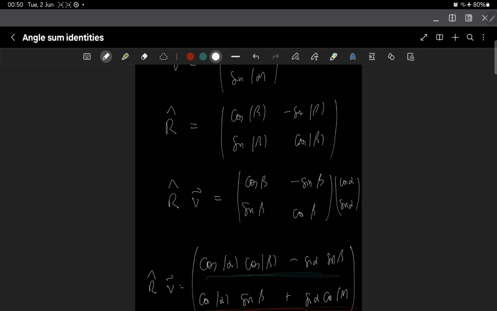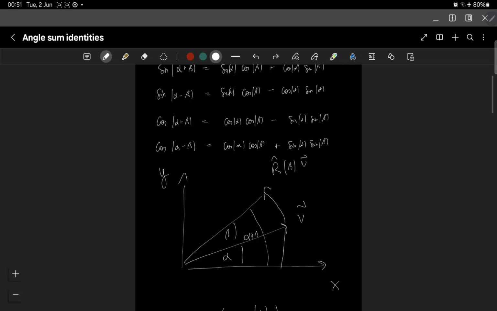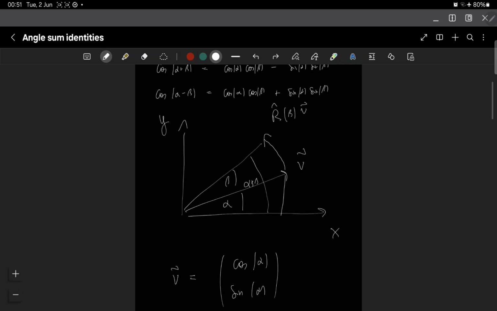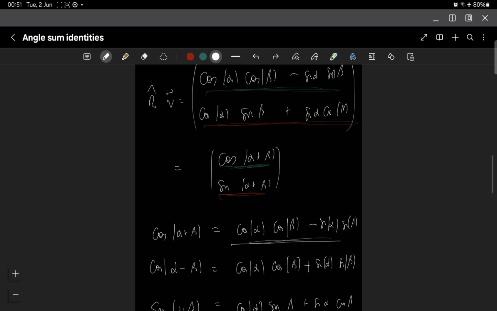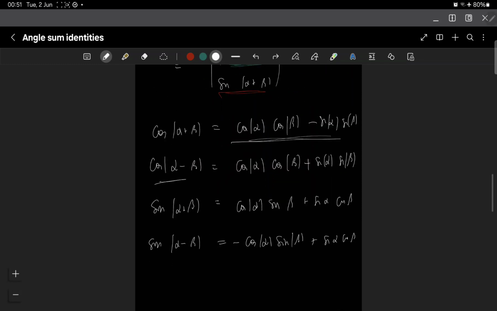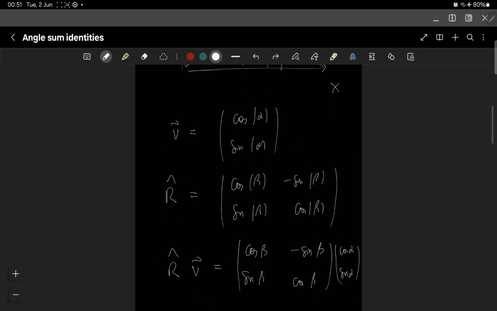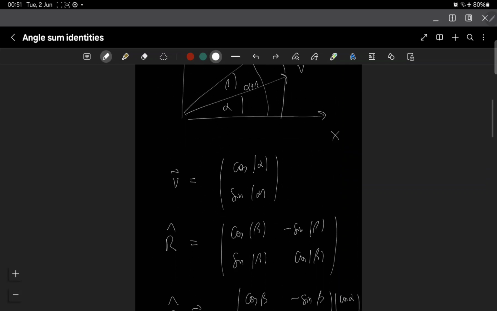The cosine beta is always on the diagonal, and then we have minus sine beta and sine beta. It's very important that you remember that the minus sign is in the upper right corner for an anti-clockwise rotation. You could of course do a clockwise rotation, but then you will get the difference identities, right? And it's best to always look at anti-clockwise directions in this case.